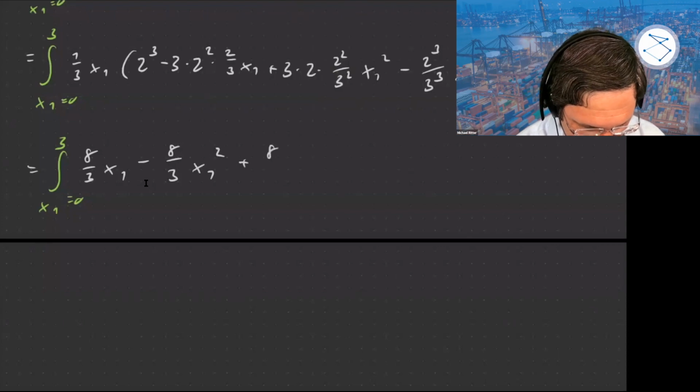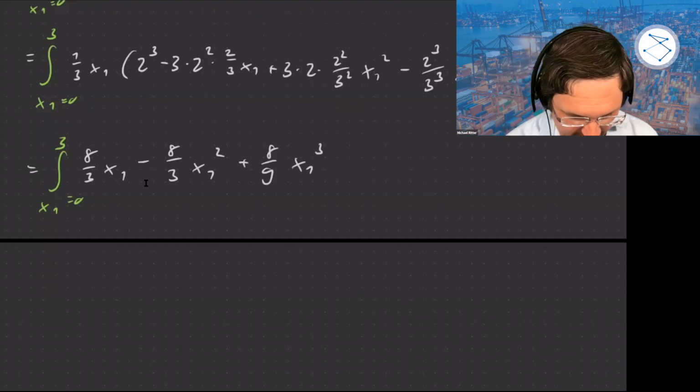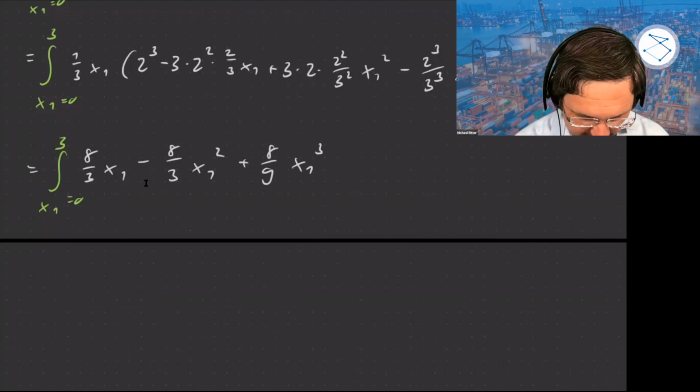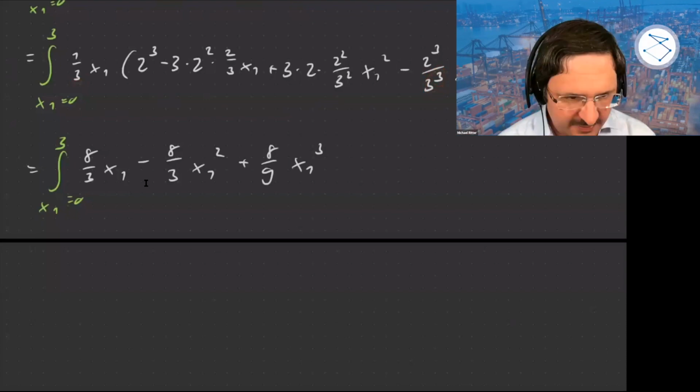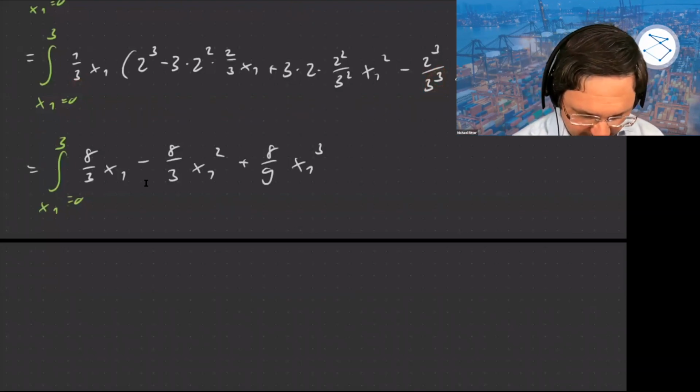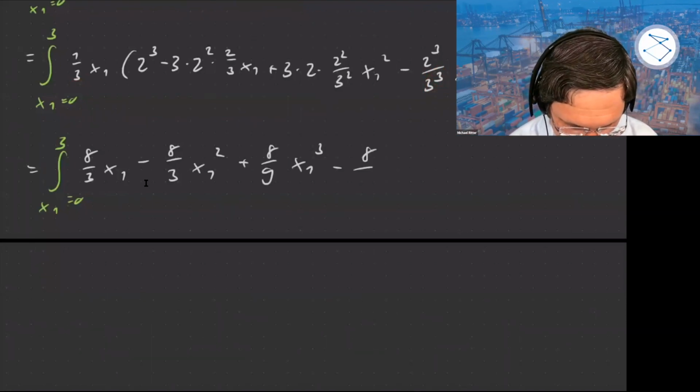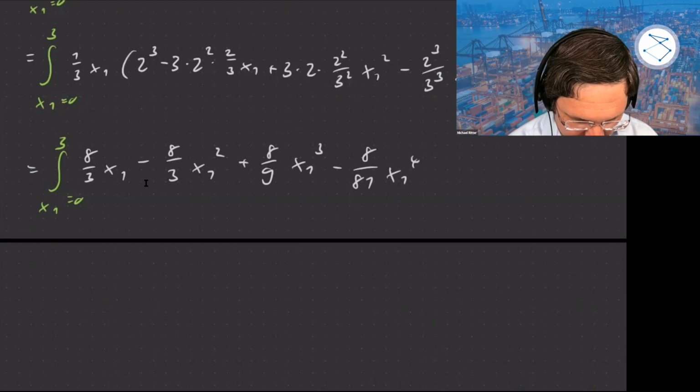So plus 8 over 9 x1 to the power of 3. And finally, no 3 to cancel out here. So we have 8 over 9 times 9, 3 to the power of 4. So minus 8 over 81 x1 to the power of 4 dx1.